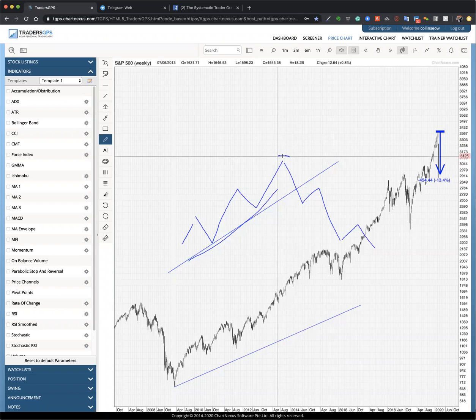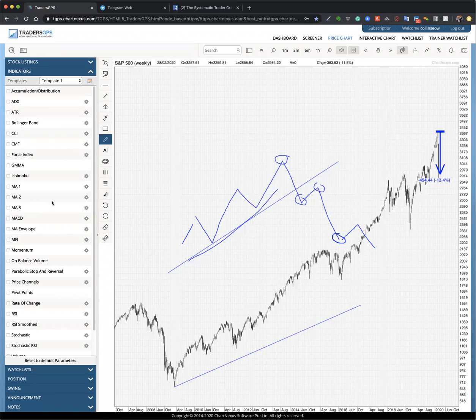So you have a lower high and then a lower low. Do you follow what I'm saying? When these two things get satisfied, then it's a trend change. Make sense so far?